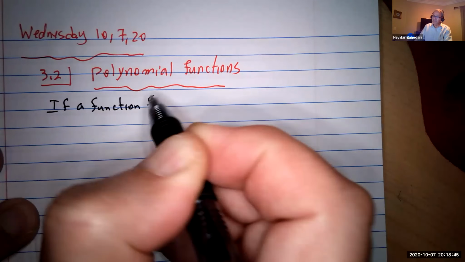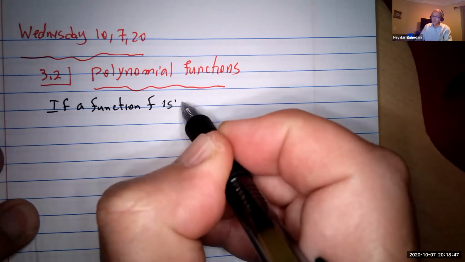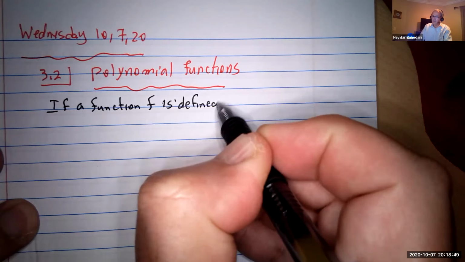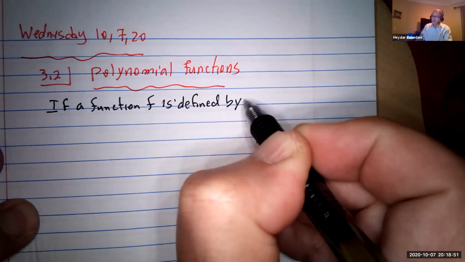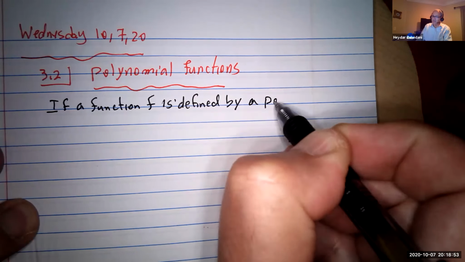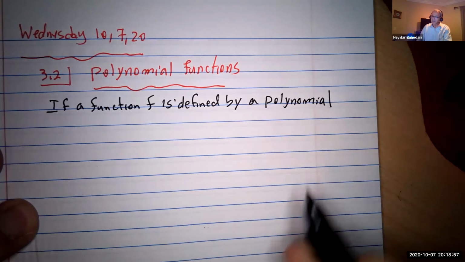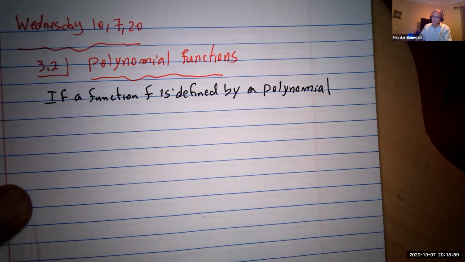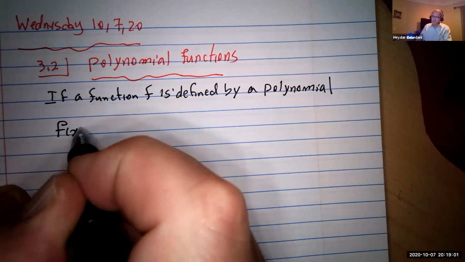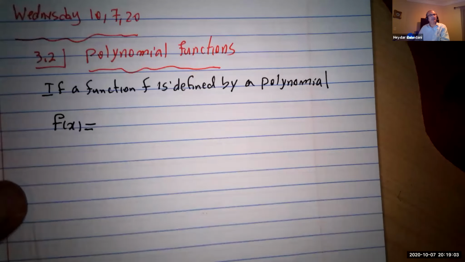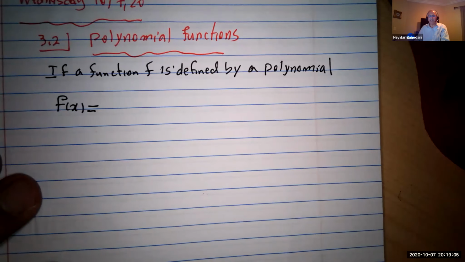So if a function f is defined by a polynomial, like f of x is equal to a combination of powers of x. Start with the highest power.